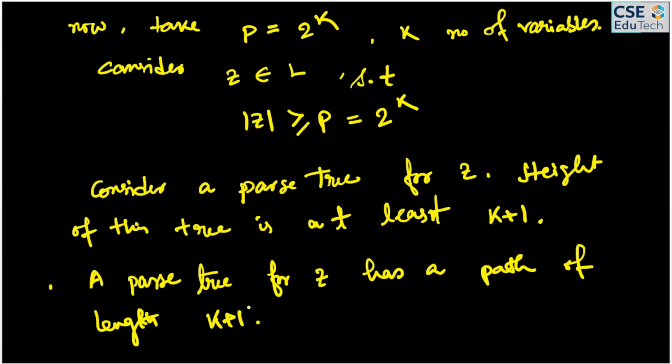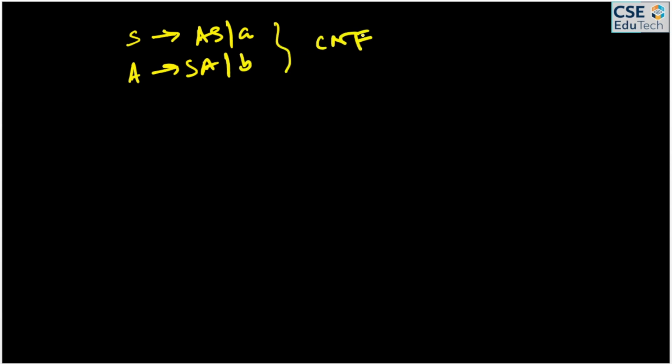Suppose we consider a context-free grammar, S to AS or A, and A to SA or b, which is already in CNF, or Chomsky normal form. Now if we want to find the parse tree for the string, suppose a b b a, it will look like this.